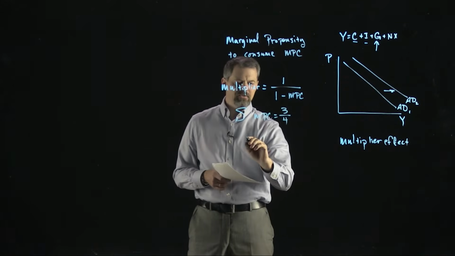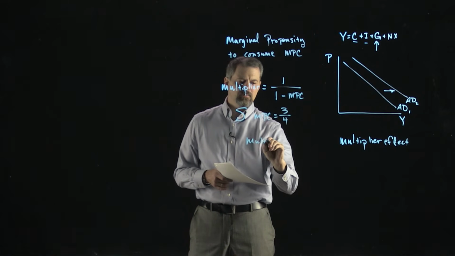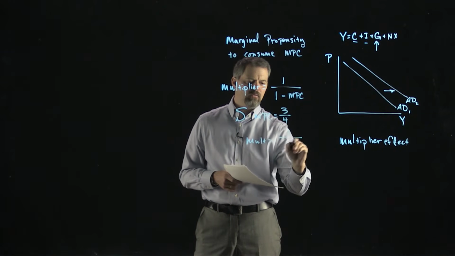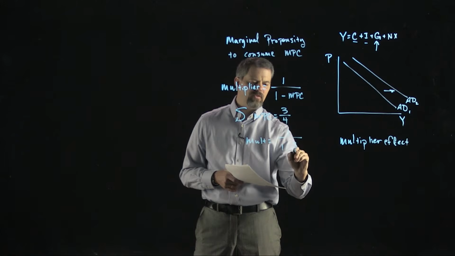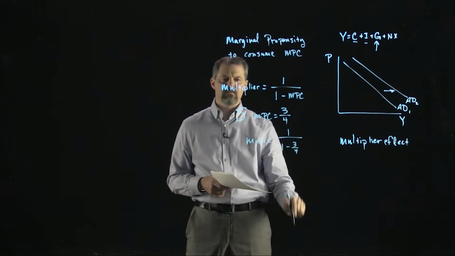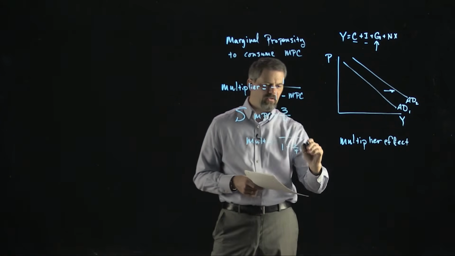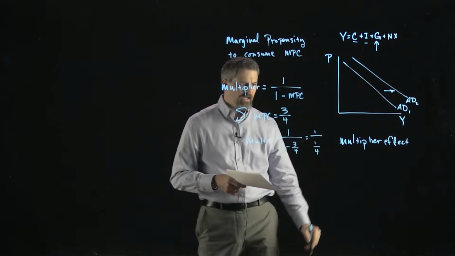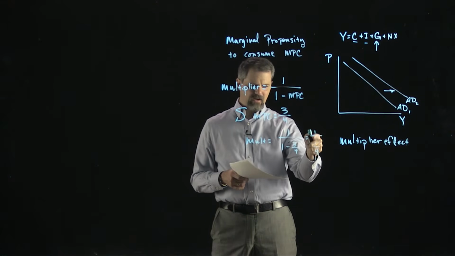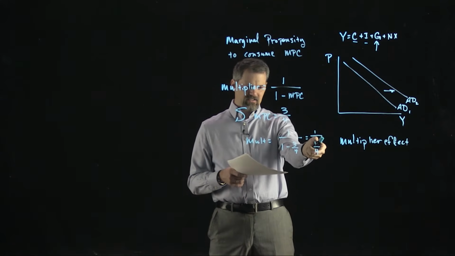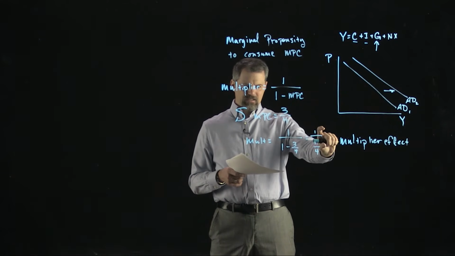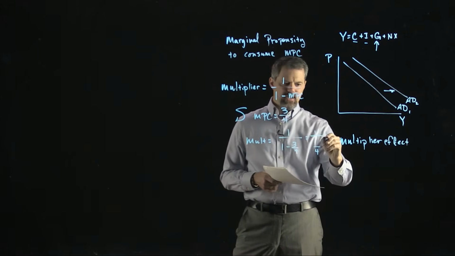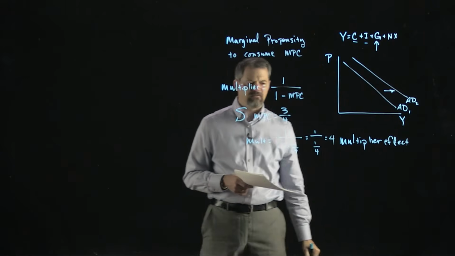So the multiplier will be equal to 1 over 1 minus 3/4. 1 minus 3/4 is just 1/4. So this is 1 over 1/4. And this is a fraction over a fraction. Remember, you've got to take the denominator, flip it over, and multiply it by the numerator. That just gives you a multiplier of 4.